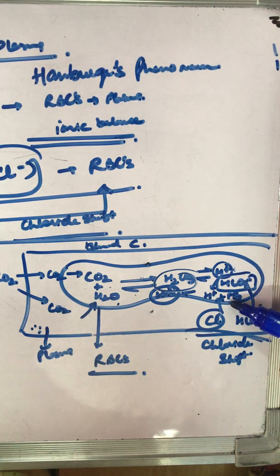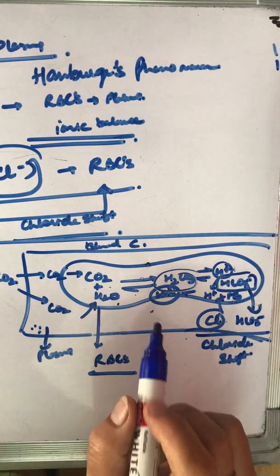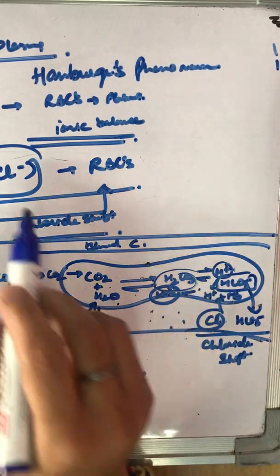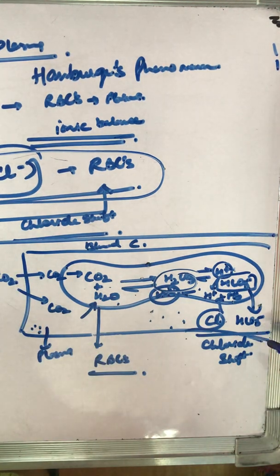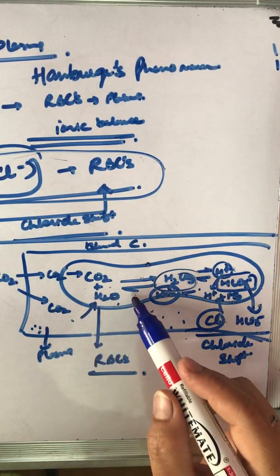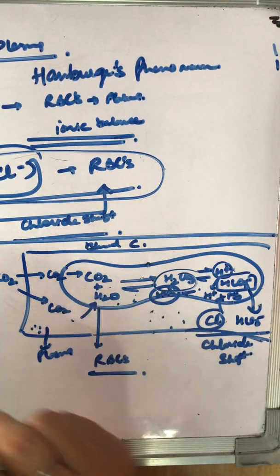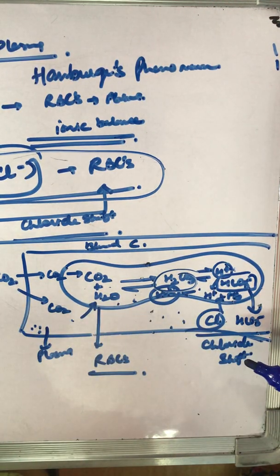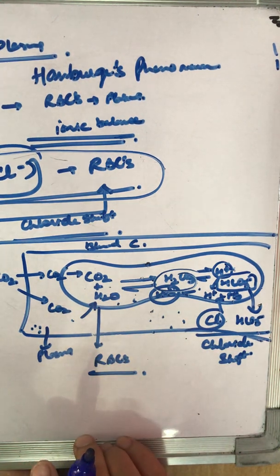Hydrogen moves to the hemoglobin pigment and automatically brings the Bohr's effect. After that chloride ion moving from this plasma region into the RBCs brings the chloride shift, because it will help RBCs to absorb more water for the process of this transport of carbon dioxide. Clear?